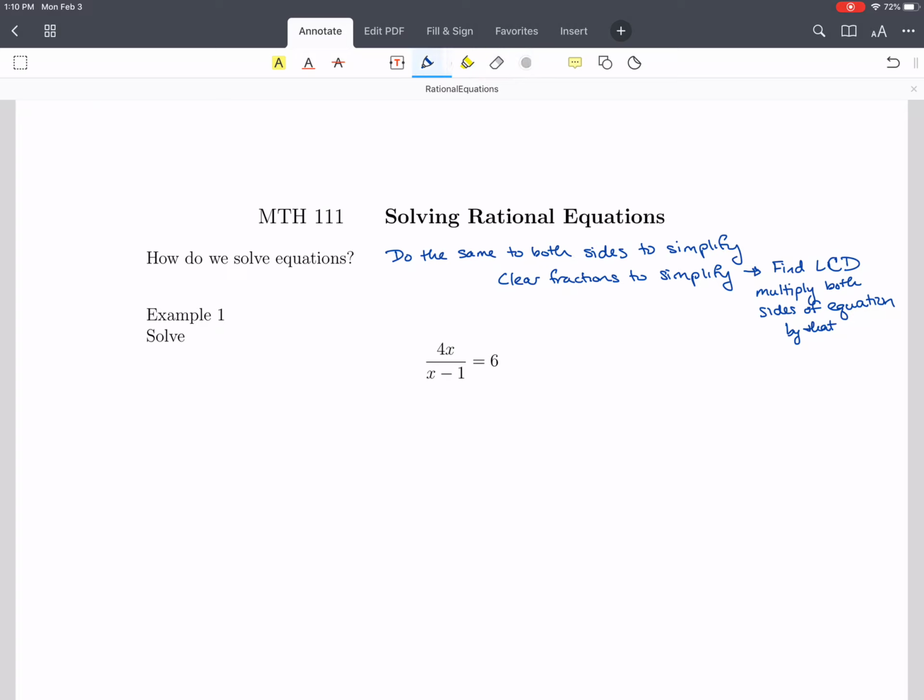If you just multiply both sides by one denominator, then you'll start to clear fractions one at a time, but it won't be as simple. So usually for rational equations, that's our goal. It's not the only way to do it, but it's the most straightforward and simple.